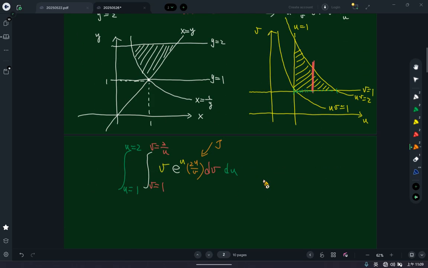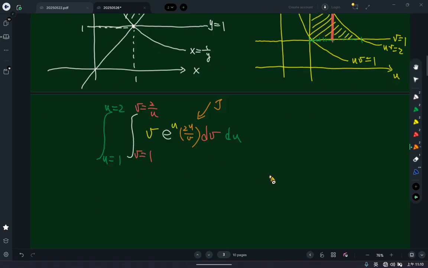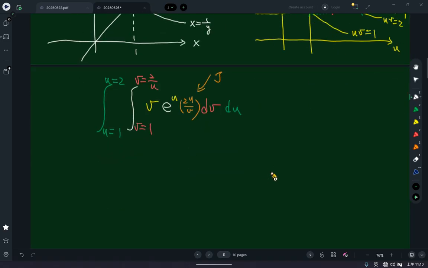Then we will just try to focus on how to calculate it. So after we get this one, all we need to do is the calculation of the integration. So here v can be cancelled, and 2 can be moved out of the integration.